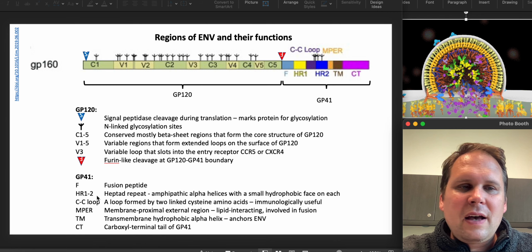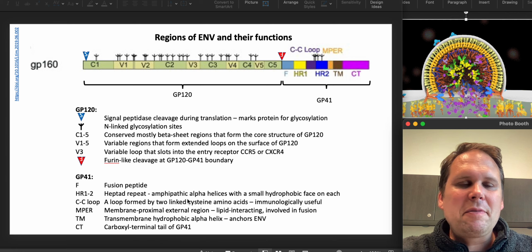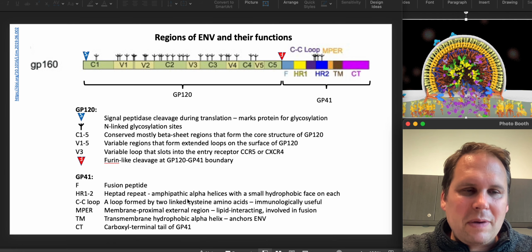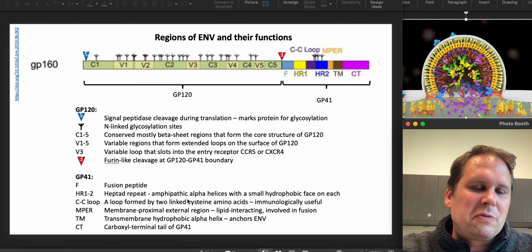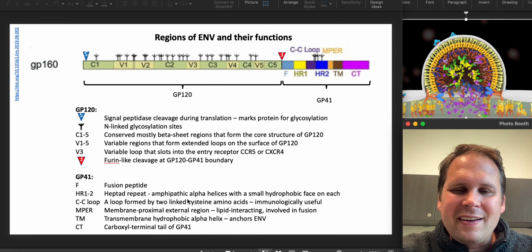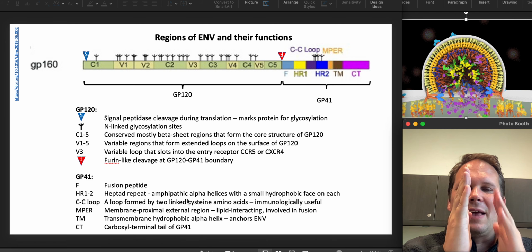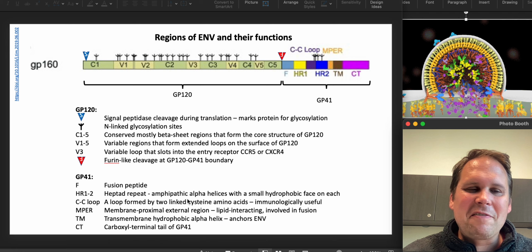And so, 2 heptad repeats. These are alpha helices, but they are amphipathic. Amphipathic means it's not hydrophobic, because that would be repels water. And it's not hydrophilic, that would be attracts or is happy with water. It's amphipathic because it has one side that attracts water and one side that repels water. So you can think of it as two-faced.